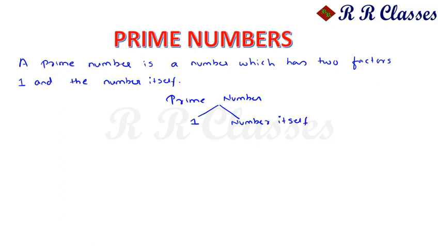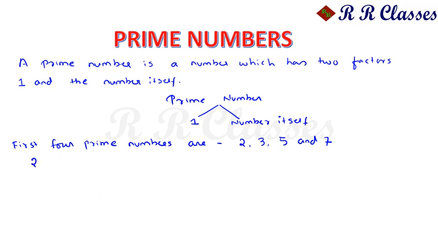The first four prime numbers are 2, 3, 5 and 7.